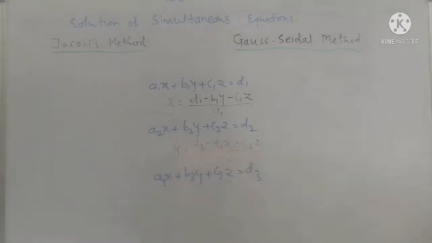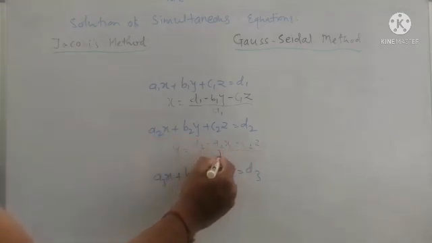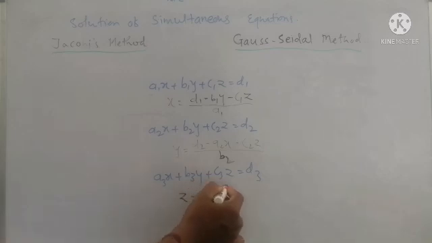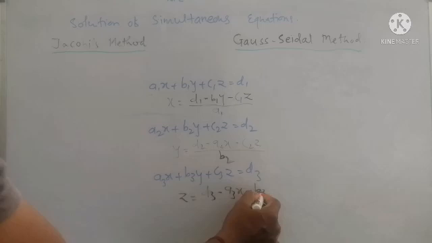Now we can similarly find the value of z: z is equal to d3, the constant of the equation, minus the term of x, that is a3x, and the term of y, minus b3y, divided by the coefficient of z, that is here c3.